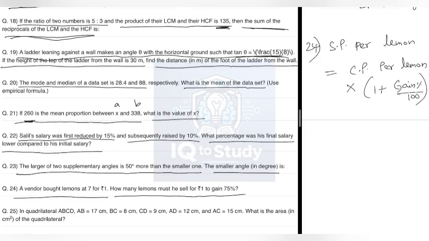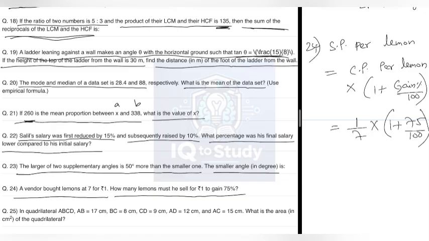That is equal to 1 by 7 into 1 plus 75 by 100. Here the cost price per lemon is 1 by 7 because the number of lemons sold for 1 rupee is 1 rupee by selling price per lemon.